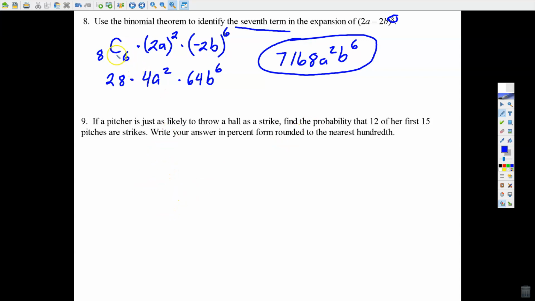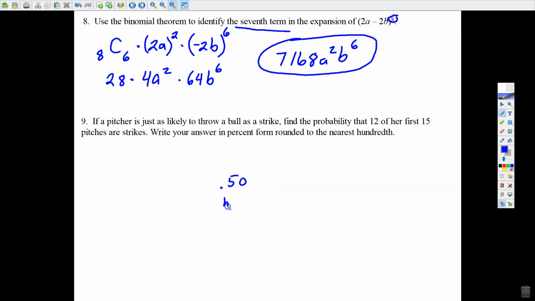For number 9, we're going to use the binomial theorem to help us with some probability problems. So by being told that it's just as likely for a pitcher to throw a ball as a strike, that just means that there's a 50-50 chance of each.